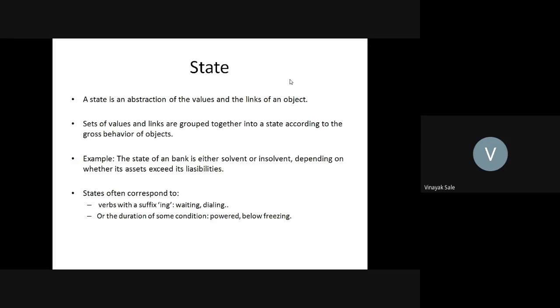Then the next concept is a state. A state is an abstraction of values and links of objects.